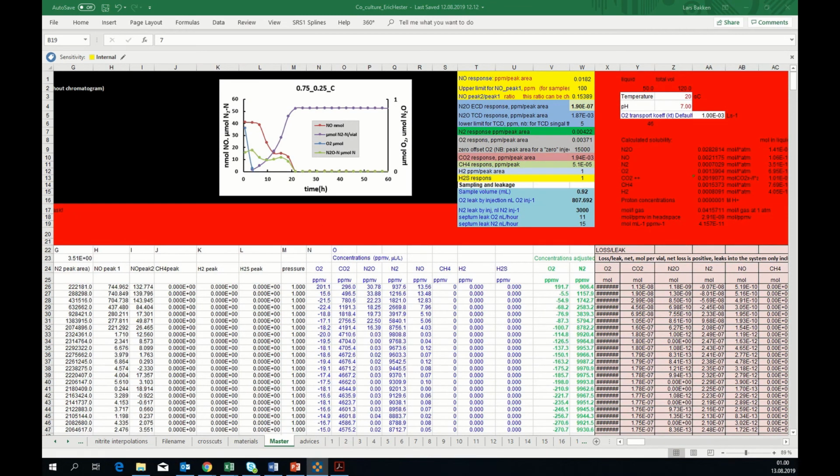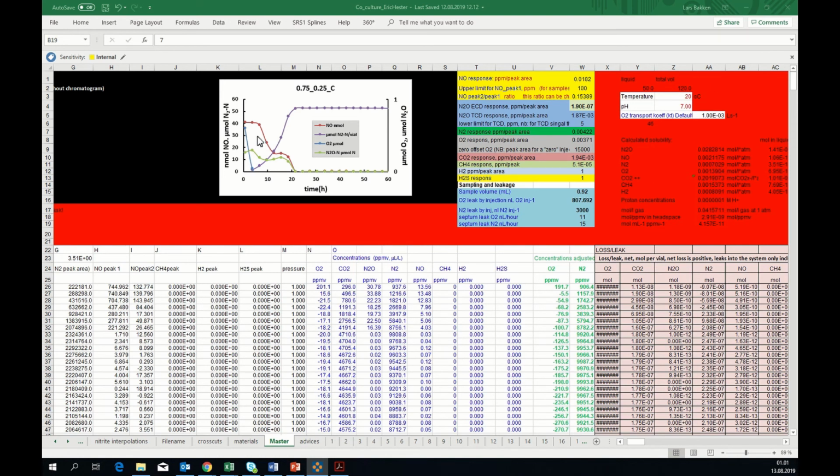One thing that you should put into the master vial right away is the temperature. Normally in all cases with normal robots, you run all the vials at the same temperature. The temperature is extremely important, because it determines not only the solubility of gases but also the molar volume of the gases. So to calculate the absolute amount, you have to get the temperature right. You can see this if you watch the solubilities of the gases here.